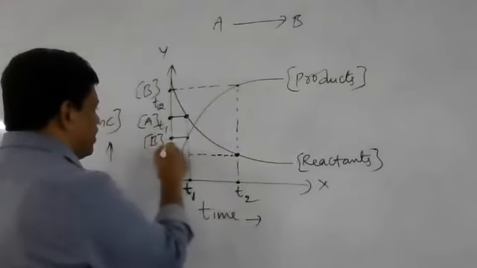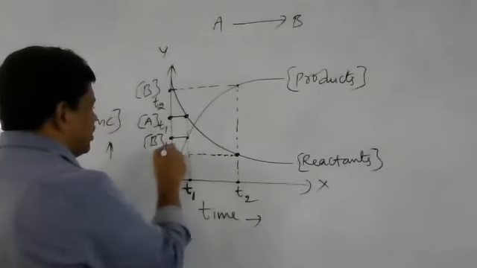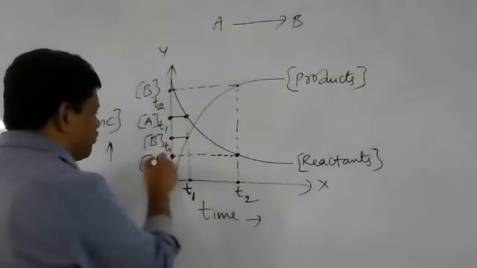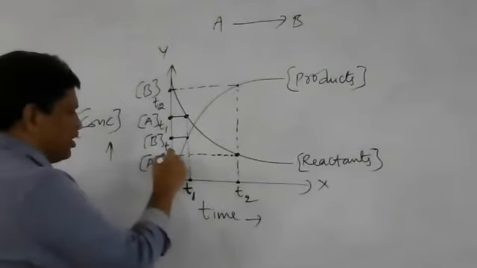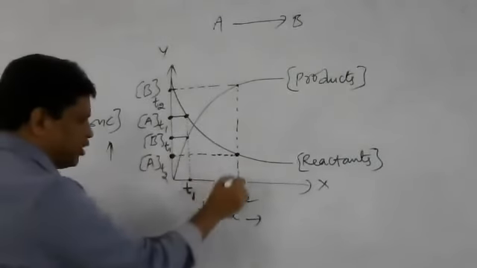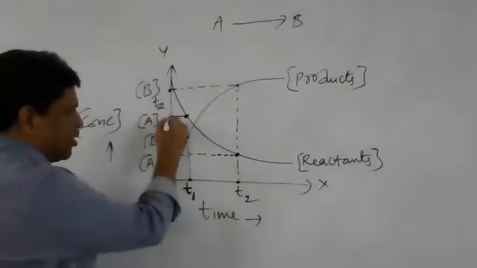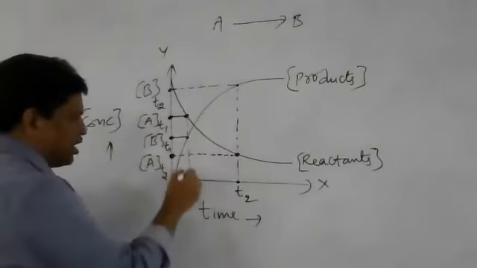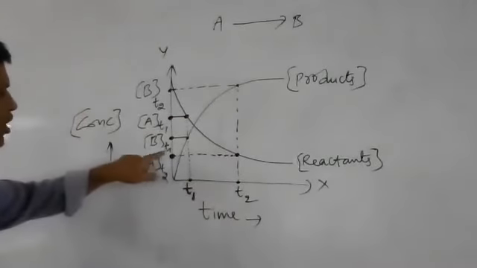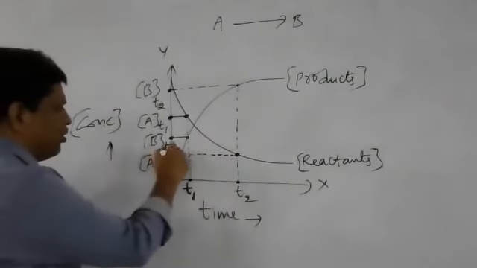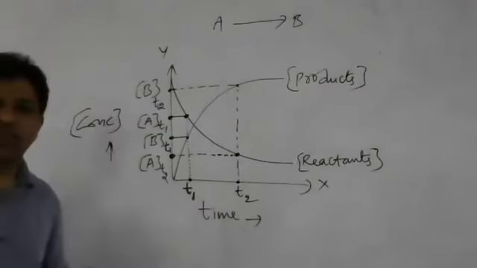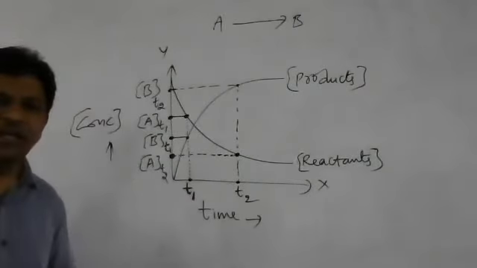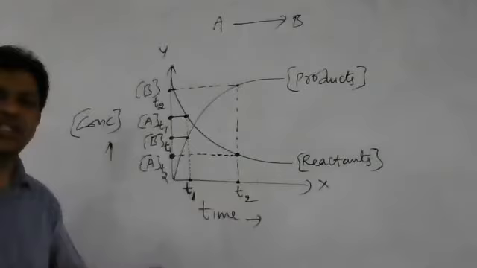So it is the concentration of B at T1, it is the concentration of A at T2. So this way we have to understand the concentrations of A and B at T1 time and T2 time.